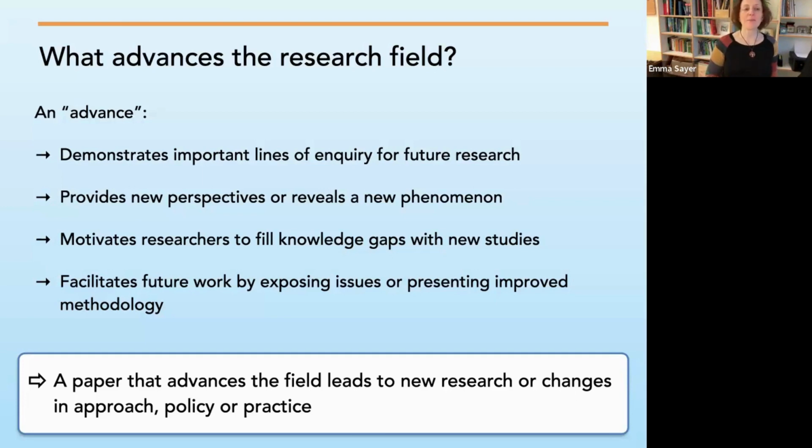So basically, a paper that advances the field simply leads to new research or creates change. Whether that's a change in the scientific approach, policy change, or change in practice and applied ecology, that represents an advance.